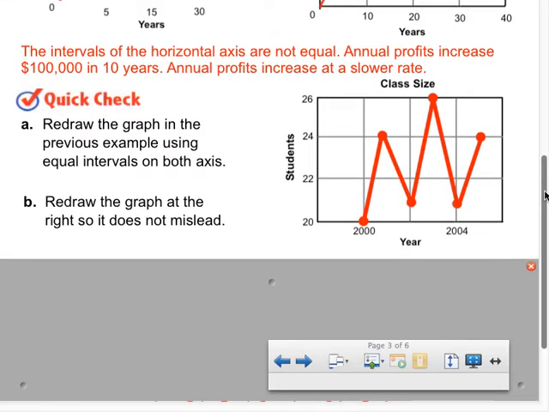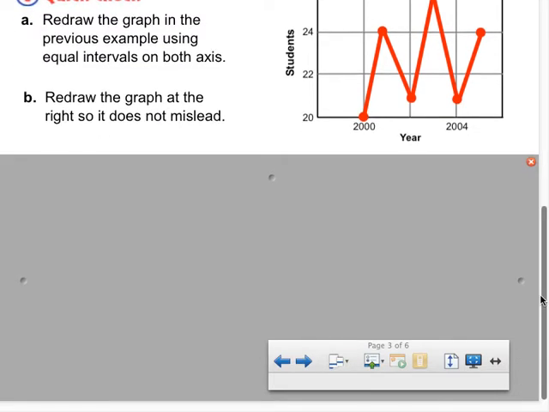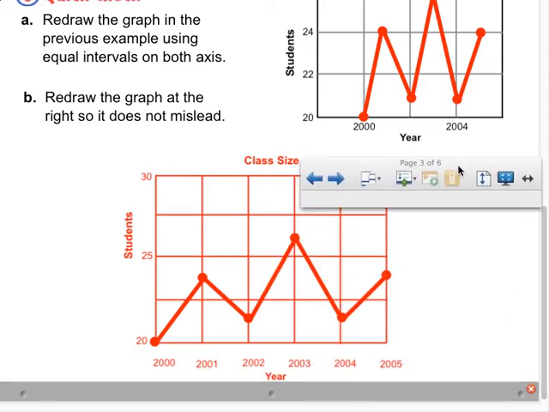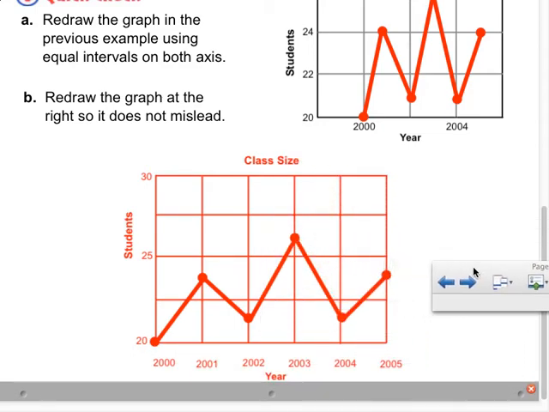Well, we know that halfway between 2000 and 2004 is what? 2002, right? So I'm going to take a wild guess and say that halfway between 2000 and that first interval is what? 2001. So you see how we're going to fix this? Okay. So to answer your question, yes, we do have enough information. Here's the graph. And if you notice when it's redrawn, it doesn't look like things fluctuate so much, does it?